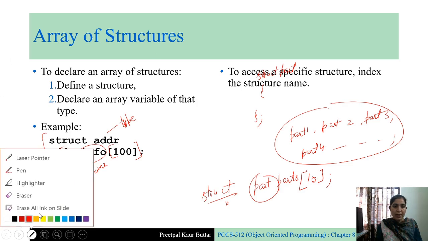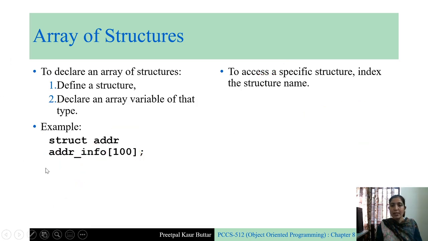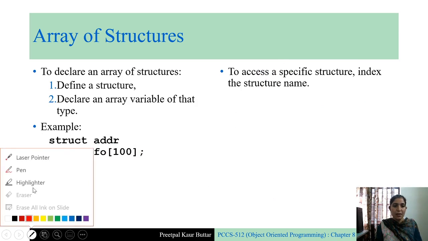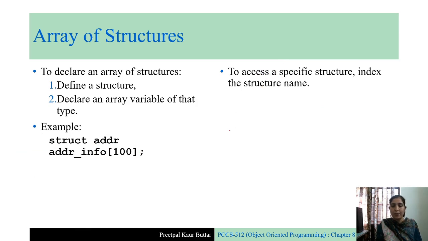The next question is how to access a specific structure. The structures in an array of structures start at index 0, just like an array of integers: 0, 1, 2. If you want to access the second structure, how will you access it?